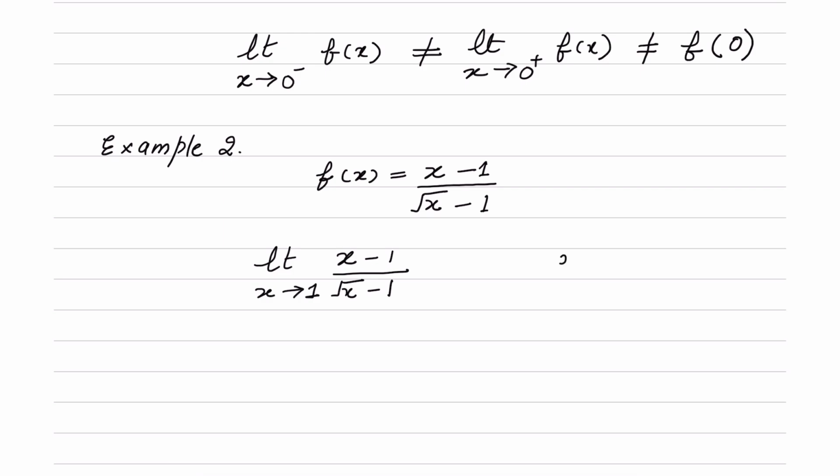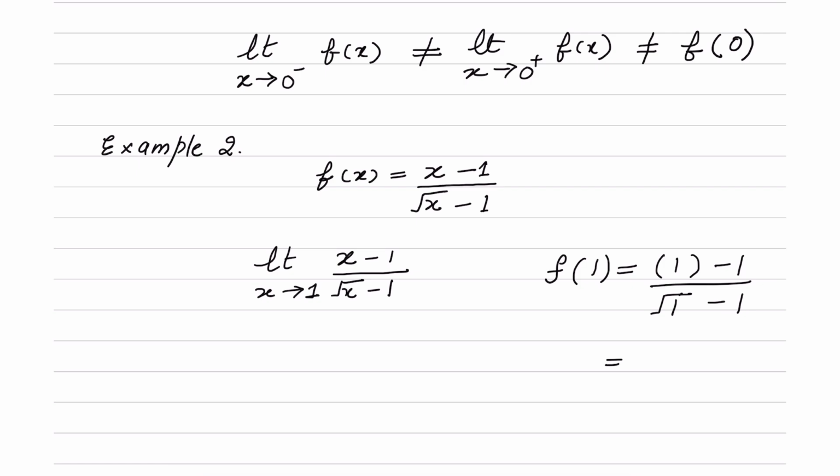For example, if you are asked to find the value of the function at 1, you will consider the function (x − 1) over (√x − 1), and in place of x you will put 1. This is what you do when you have to find the exact value of the function at 1.